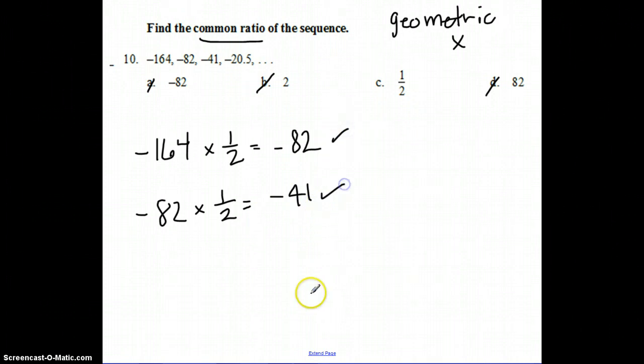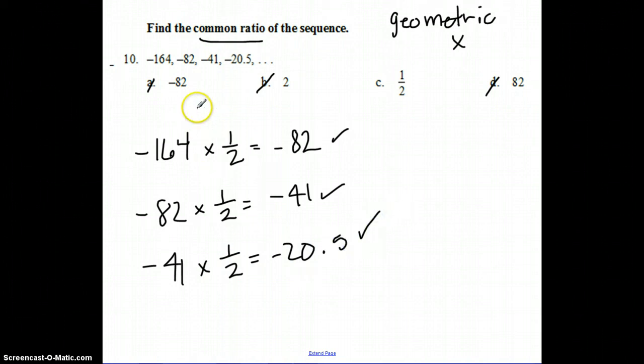You want to make sure you can check out every single number that's there. So if I took negative 41 then and multiplied it by 1/2, I'd end up with negative 20.5, which means that it checks out. So every one of these values checks out. That means the number I multiplied by over and over again in this one is this 1/2. And that means that C would be my answer.